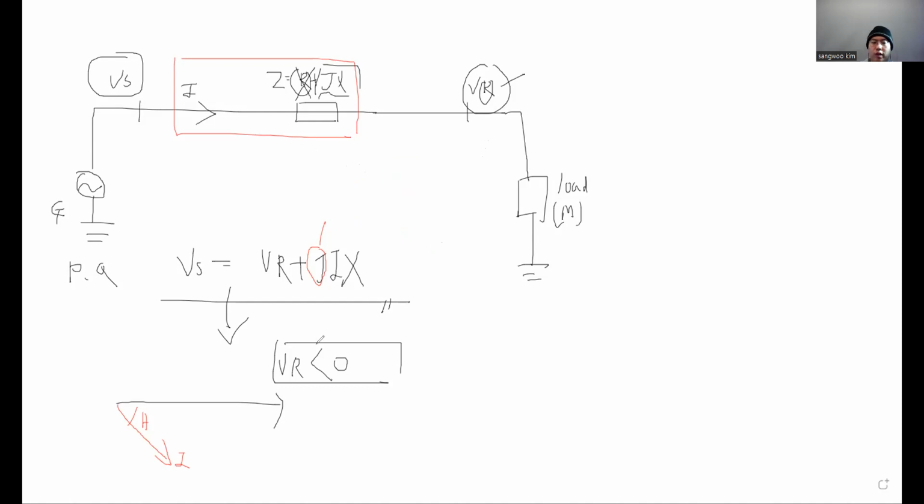So look at that. From here, 90 degrees, right? So it precedes by 90 degrees. So the phasor is like this.